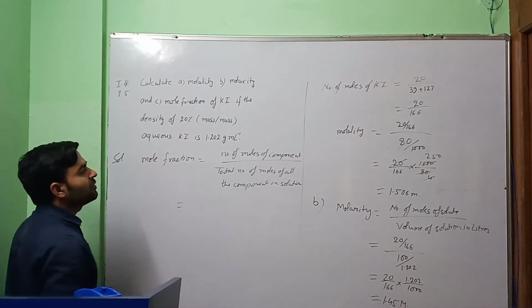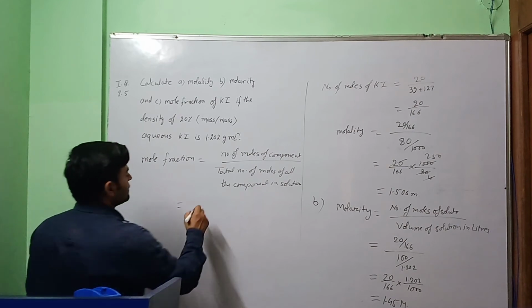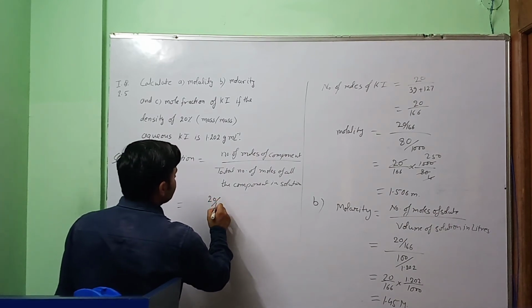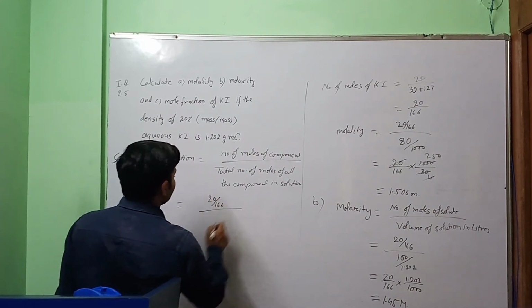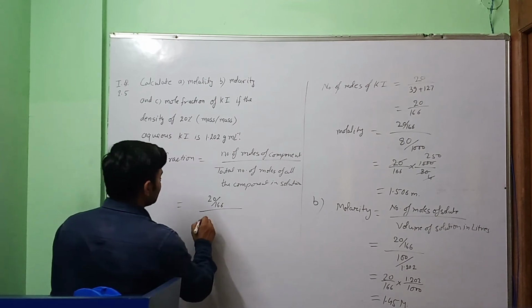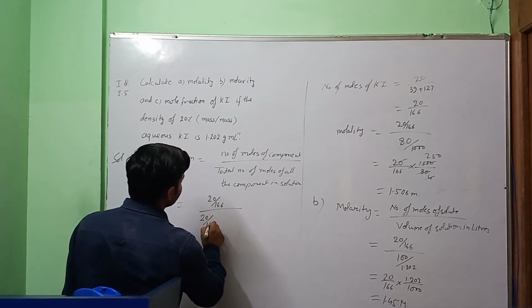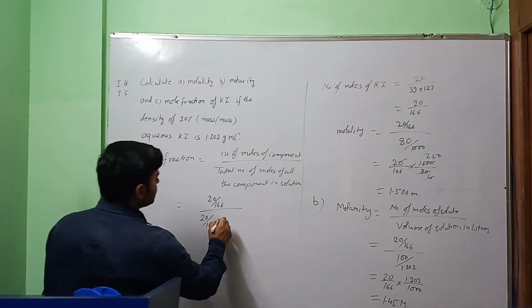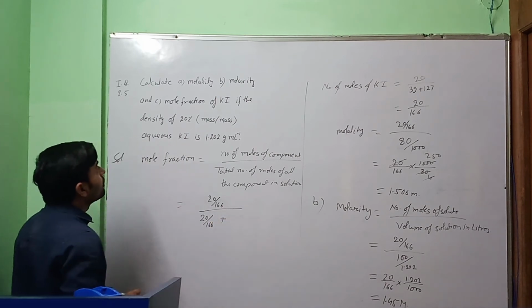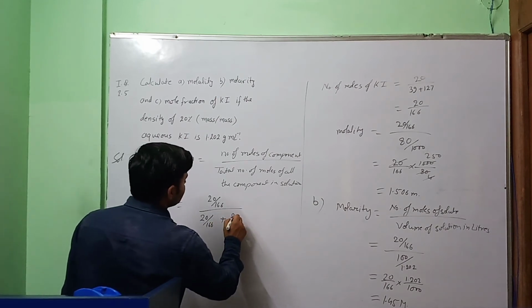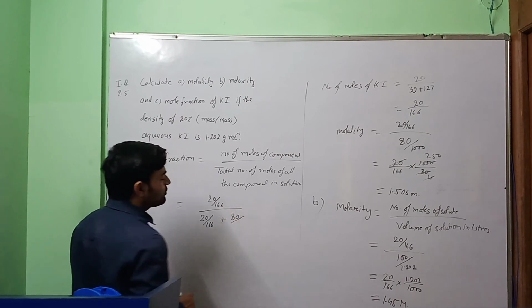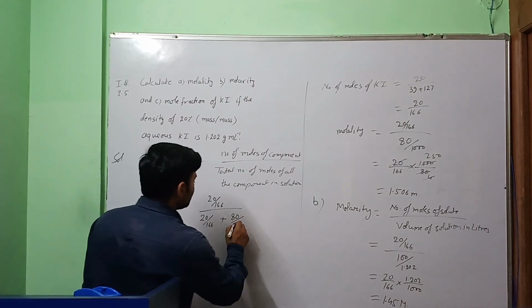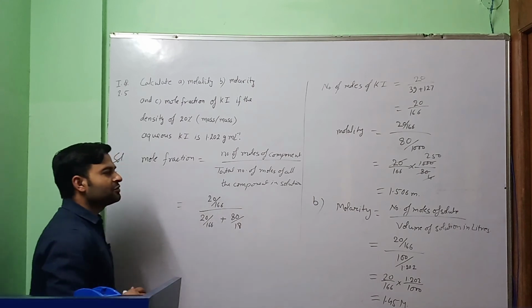Here number of moles of KI can be written as 20 upon 166, upon total number of moles, means moles of KI 20 upon 166 plus moles of water. So number of moles of water is 80 gram, the mass of water in the solution, upon 18, the molar mass of water.